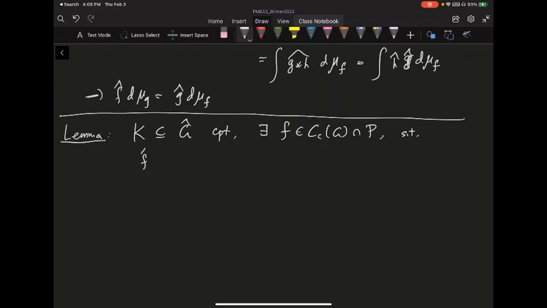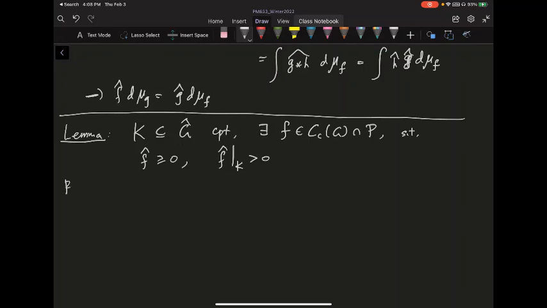If I consider its Fourier transform, I know that's going to be greater than or equal to 0. But moreover, the most important thing is I want it to be strictly greater than 0 on this compact set. All right. So how do I prove this?